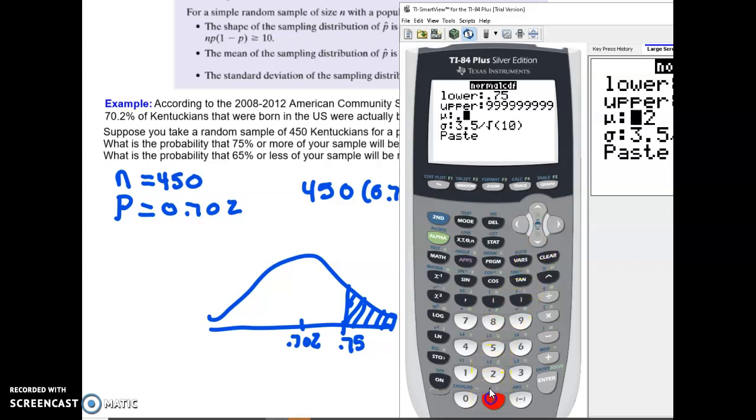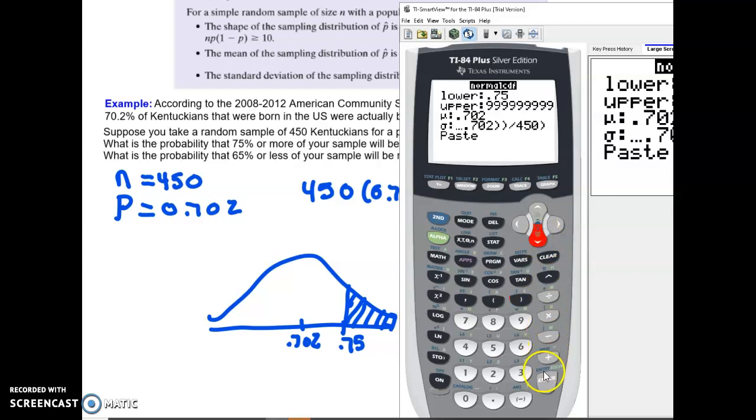Mu in this case is 0.702. And the standard deviation is the square root of, parentheses for the numerator, 0.702 times, parentheses, 1 minus 0.702, close parentheses for the numerator, divided by 450, close parentheses for the square root.